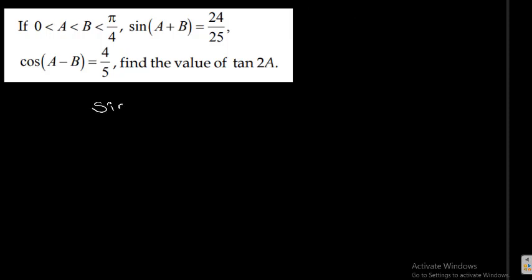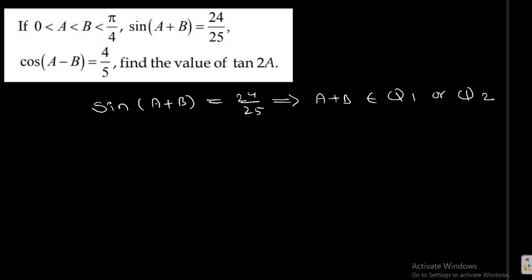Sin of A plus B equal to 24 by 25 means positive, which implies A plus B belongs to Q1 or Q2. One thing. But what is given here? 0 less than A less than B less than pi by 4.